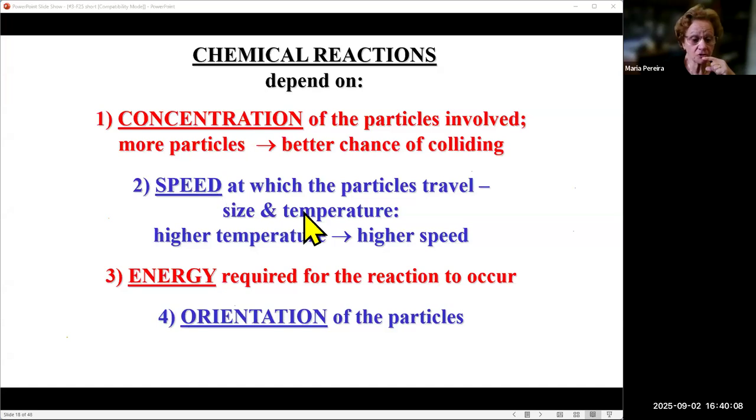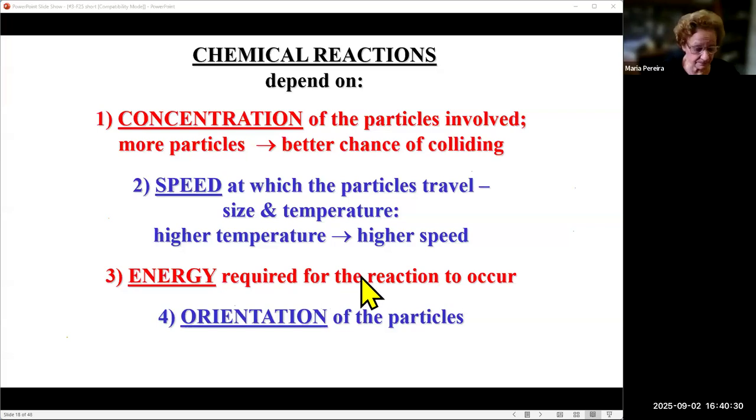Also, the particles are moving around, and their speed changes with temperature. If you increase the temperature, the particles will move around faster and there's a better chance for them colliding.